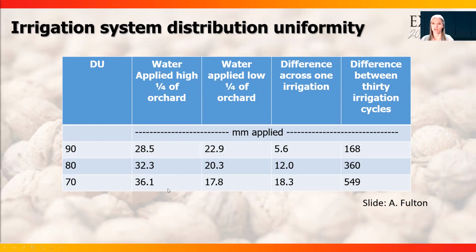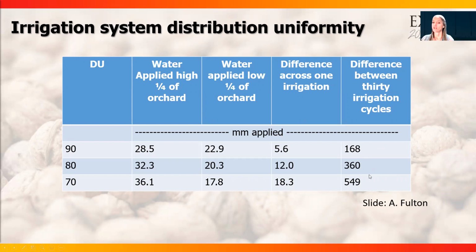So here is the millimeters of water applied in the highest, the lowest, and then this is the difference across one irrigation. So at 90% DU, you may only have a difference of about 5 millimeters in a single irrigation set, but cumulatively across all of the irrigation sets in a season, this can add up to a significant difference in water application.